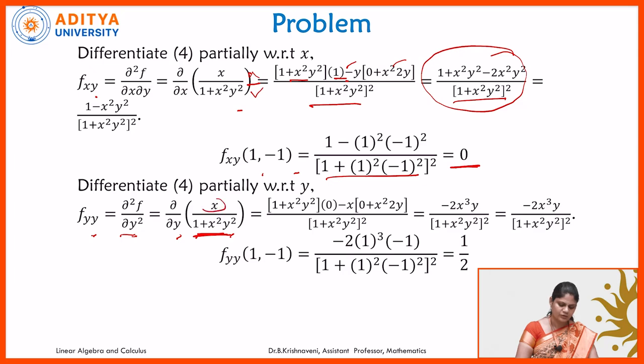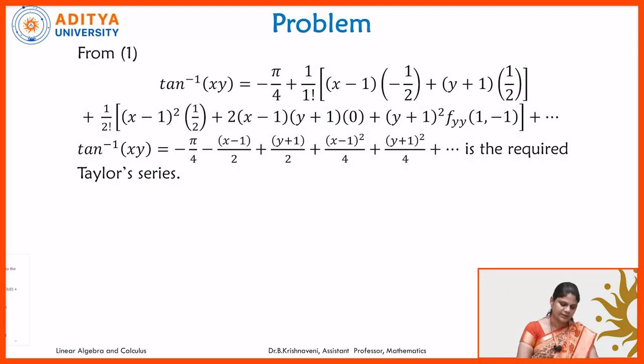U is constant, here x is constant, derivative 0 into v minus u into v dash by v square. On simplification, you got this is equal to minus 2x cube y by 1 plus x square y square whole square. Now find out fyy of 1 comma minus 1 here. Taking x is 1, y is equal to minus 1, you got the value is equal to 1 by 2.